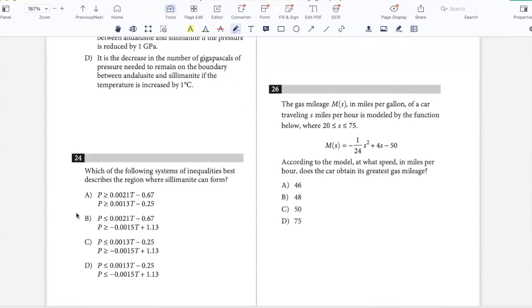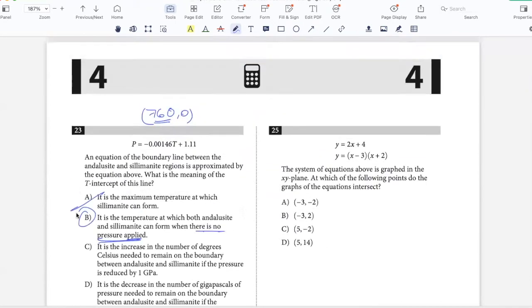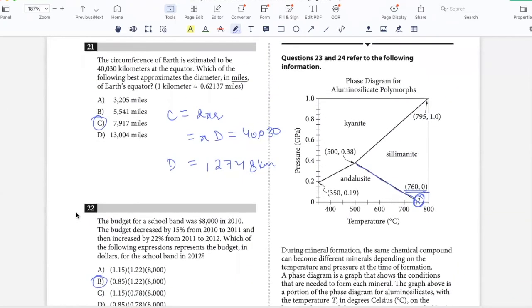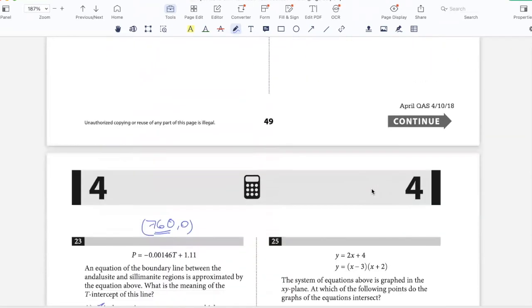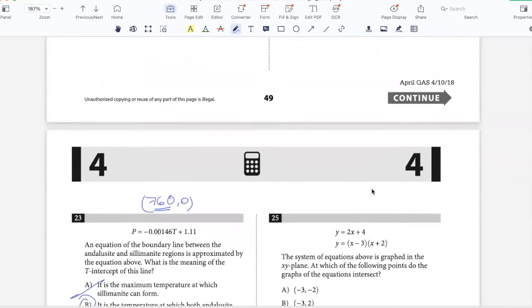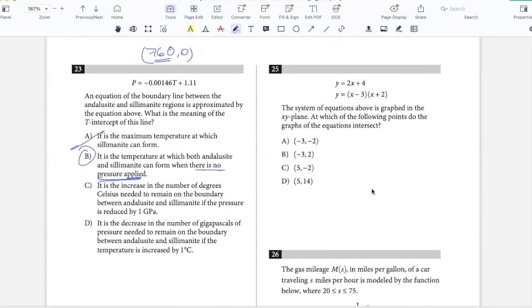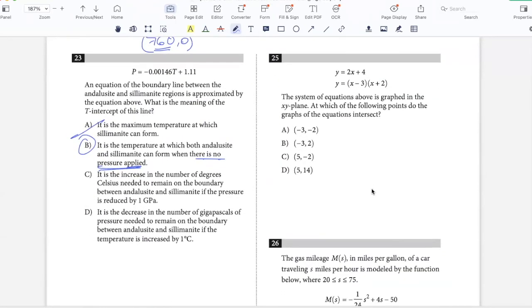Which of the following systems of inequalities best describes the region where sillimanite can form? Okay, sillimanite. So we already have one equation, which is P is minus 0.0015 t plus 1.11.